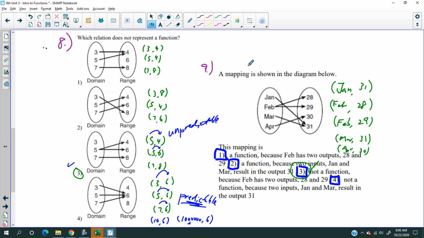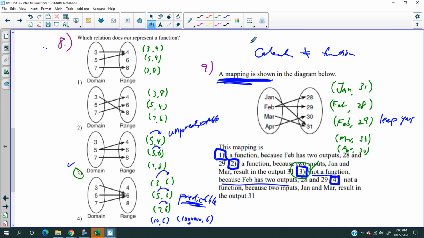Now, the next one, number 9, this is the choice. I know what some of you are thinking: but Mr. Ng, what about leap year? Yeah, I know about leap years, but no one ever said that a calendar is a function. I think what this question is great at doing is seeing how well you will stick with the definition of a function.